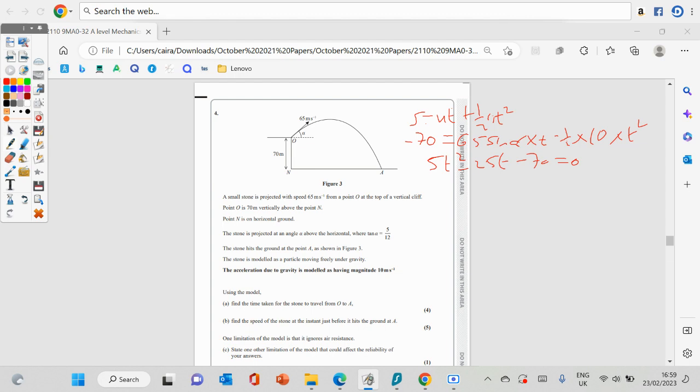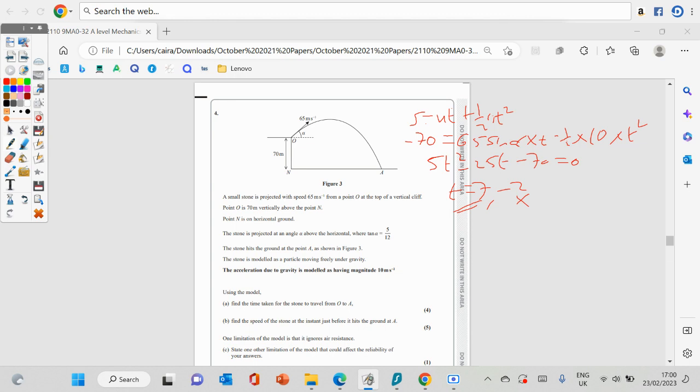That's going to give you values of t being equal to 7, or t is negative 2. Remember, we reject the minus 2 because we know time cannot be negative. So we just need to underline that and reject that. That's all you would have to do to answer that first one.